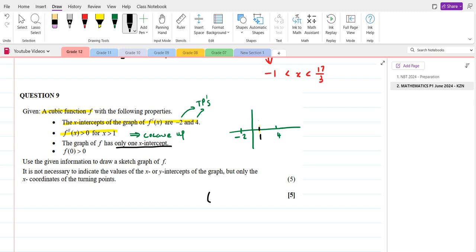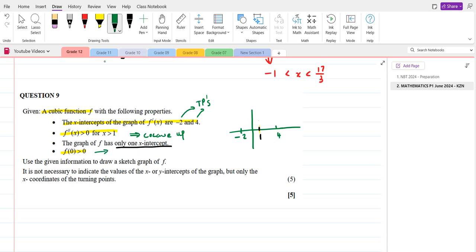So maybe it's a graph like this: x minus 0 all cubed, x minus 3 all cubed, right? It's maybe a graph like that. You can have a graph like this, only one x-intercept, right? Remember, these are not x-intercepts, those are turning points, right? F of 0 is greater than 0. So the y-intercept is positive.